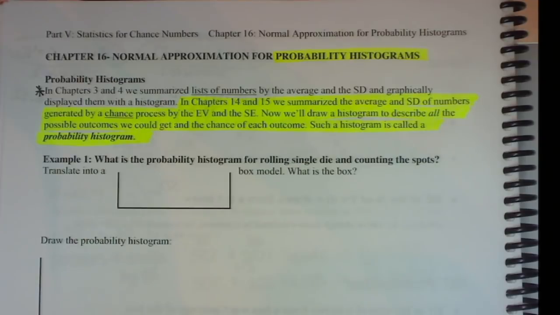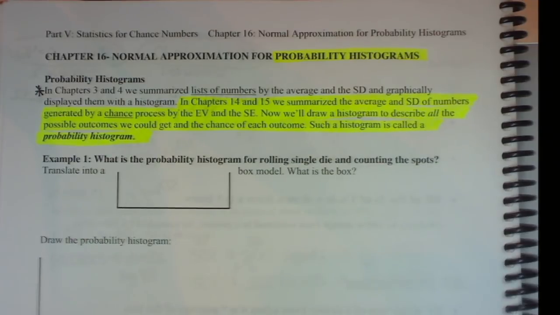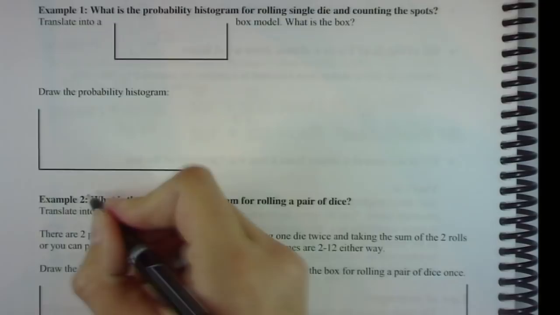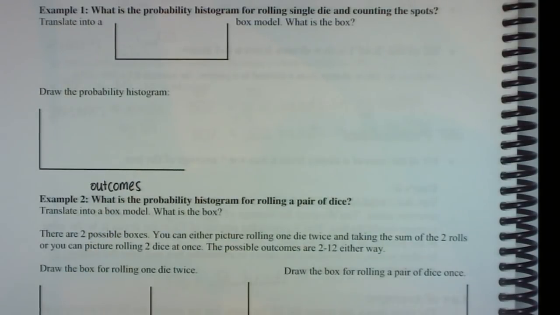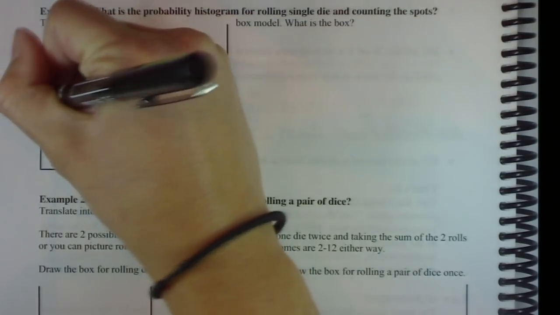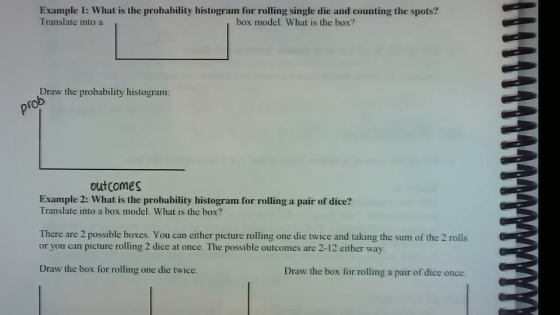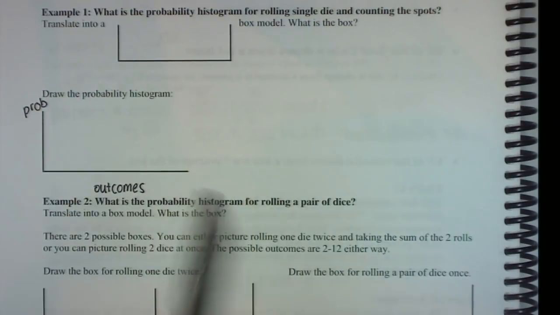But with probability histograms, the nice thing is the x-axis is always just your possible outcomes. So your x-axis is going to be all the possible outcomes of your chance process, and the y-axis is just the probability. So it's super easy to interpret. What's the probability of X?